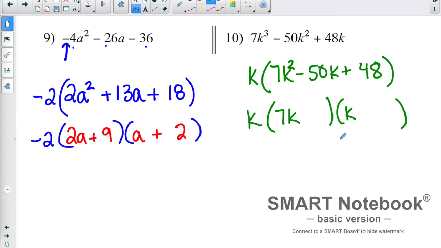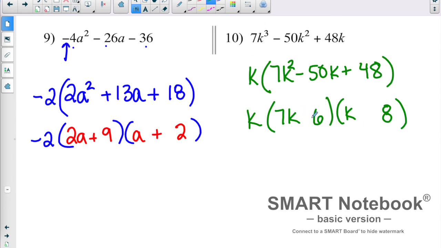So you could try 12 and 4. You could try 2 and 24. You could try 8 and 6. 16 and 3. Alright, and 8 and 6 does work if this is the 8 and that's the 6. Actually, sorry, that does not work.